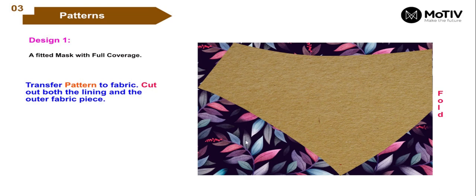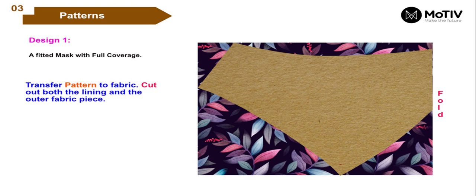So in this case, you transfer the pattern onto the fabric and you cut out this fabric to the shape you need. Now, remember, this fabric is supposed to be folded on the side. So this part here is on fold. This part of the fabric here is on fold. And this part here, from this point up to this point, is not meant to be cut because it's on fold.